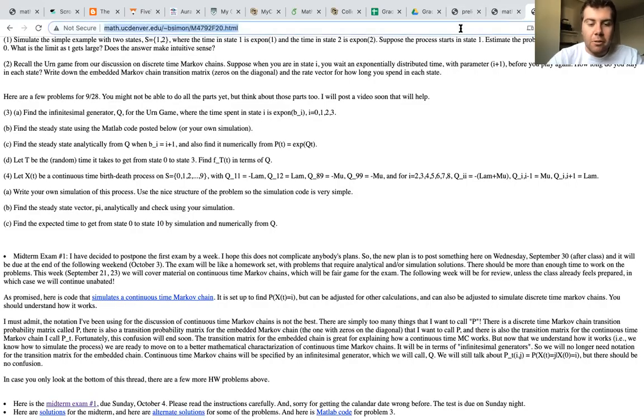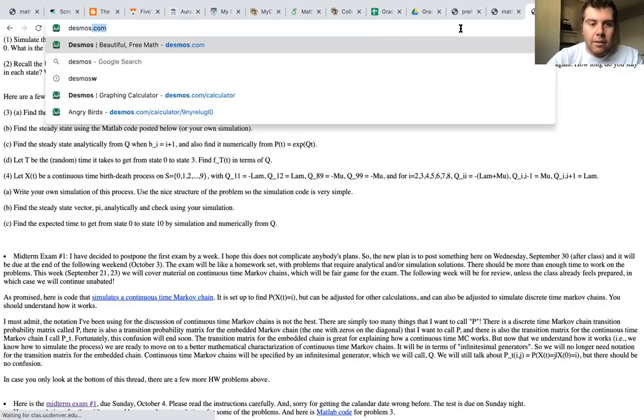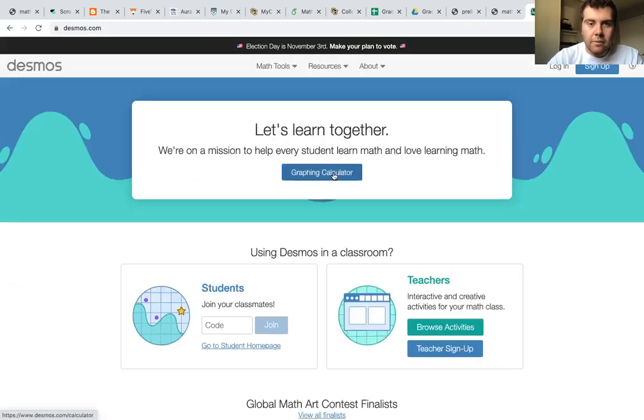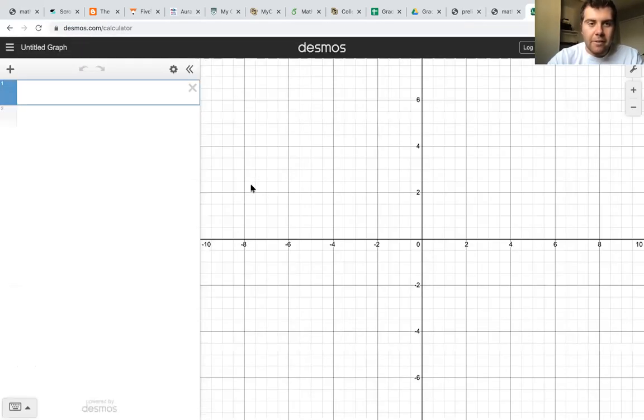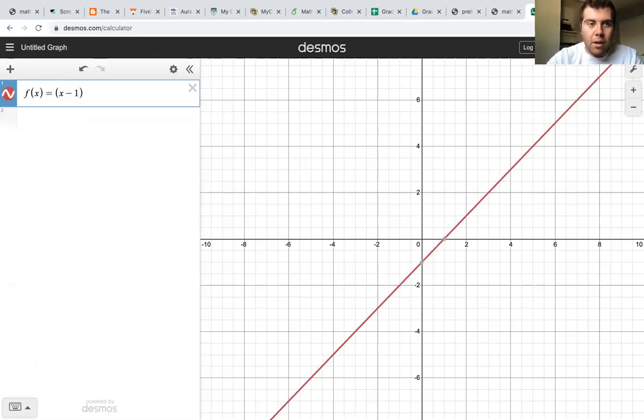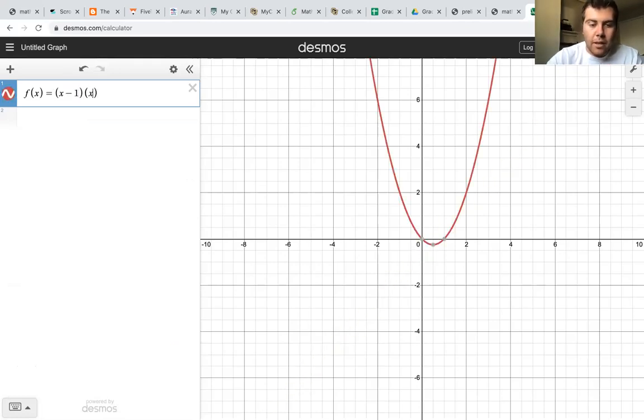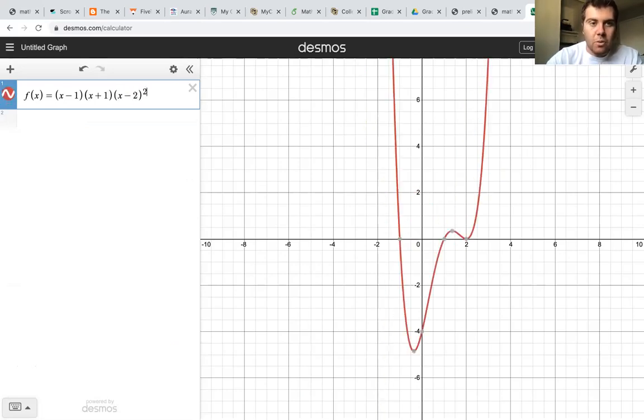Share my screen and go to Desmos, graphing calculator. We'll just put in the polynomial that we had, x minus 1, x plus 1, x minus 2 squared.